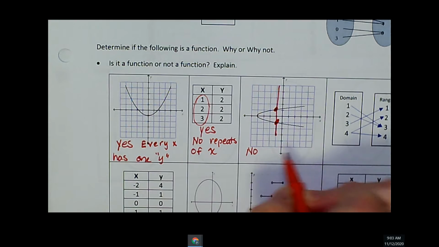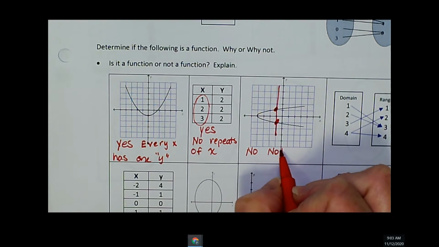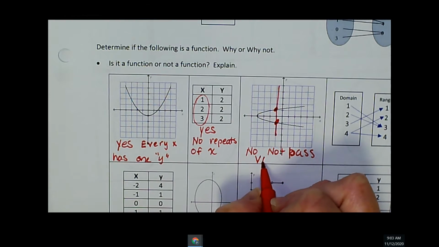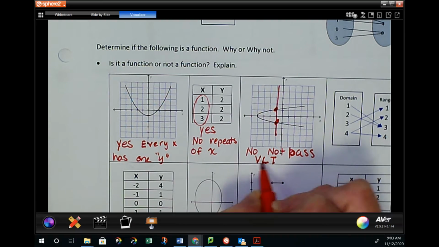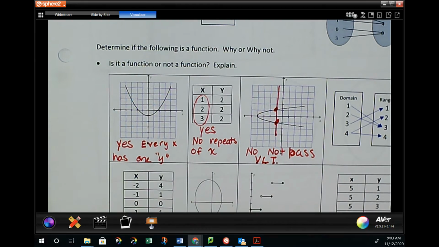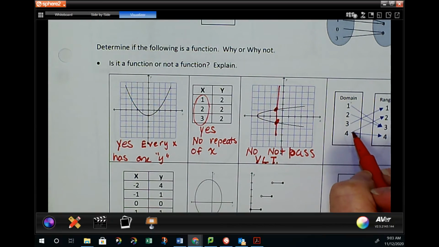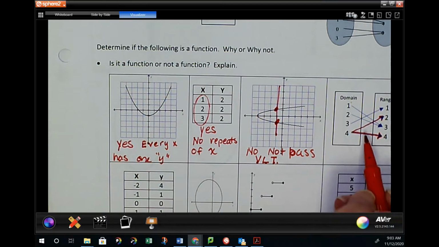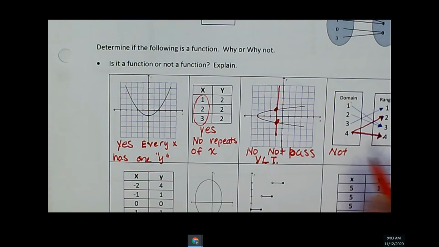So this is no, and I just put not pass the vertical line test, VLT. Then I look at my mapping and I say, oh, 4 is dating 2 and 4 is dating 4. So that's not good. Or you can say that 4 goes to place 2 and 4 goes to place 4 at the same time.